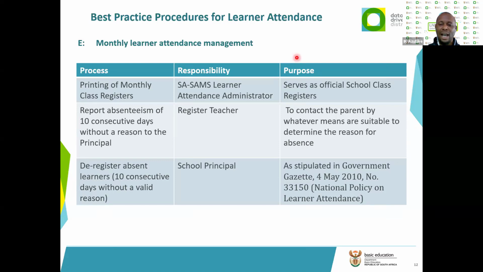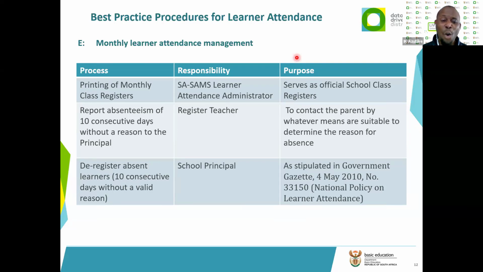A lot of schools are actually doing this, which I actually know about. Report absenteeism of 10 consecutive days without a reason to the principal. Remember, the weekly is 3 consecutive days, while the monthly is 10 consecutive days. And the responsibility lies with the register teacher, and the purpose is also for the principal to contact the parent by whatsoever means suitable to determine the reason for absenteeism.